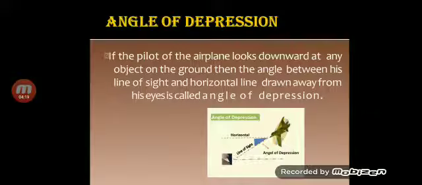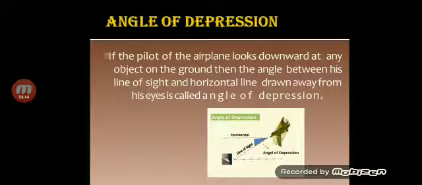Next, the angle of depression. If the pilot of an aeroplane looks downward at an object or the children on the ground, then the angle between his line of sight and the horizontal line drawn away from his eyes is called the angle of depression.